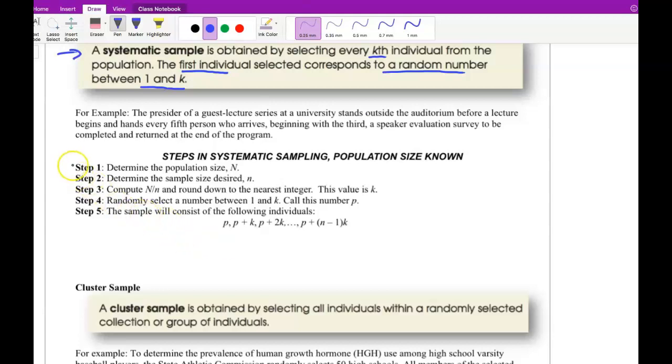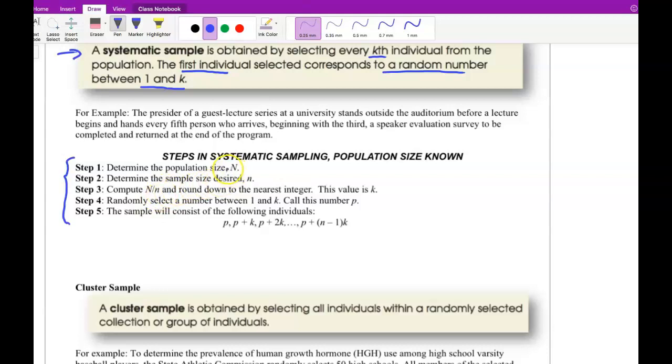Let's first see what steps we have here. Steps in systematic sampling, population size known. The first one is determine the population size, what is our population size, and that is shown with N. Determine the sample size n and compute N divided by n.